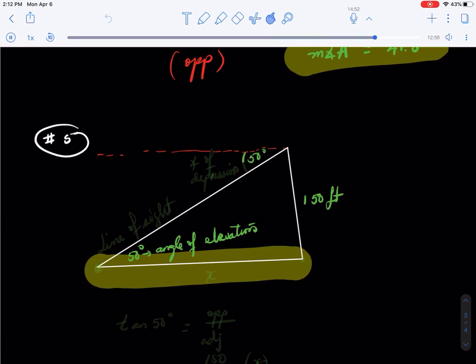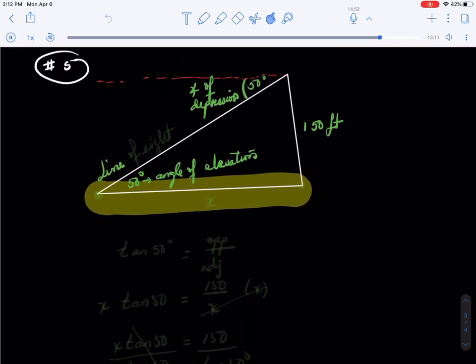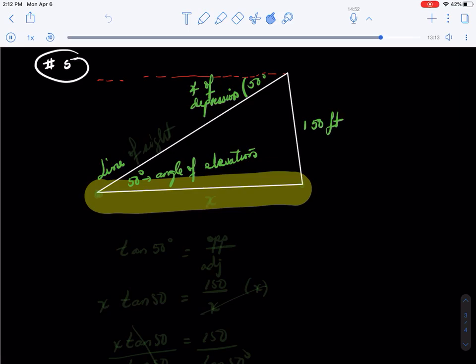This is the angle of depression. The angle of elevation and the angle of depression are going to be exactly the same thing, so it doesn't matter which one you're looking at. This is the line of sight, meaning this is where you look.